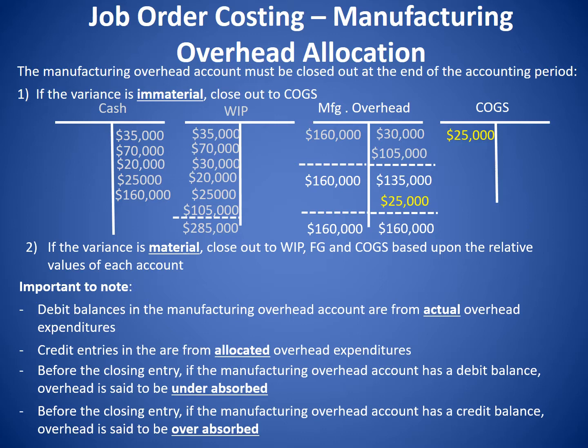In other words, we had more overhead than we actually absorbed into work in process. Before the closing entry, if the manufacturing overhead account has a credit balance, in other words, we applied too much overhead to work in process than we actually had, the overhead is said to be over-absorbed or over-applied. Again, you have to know both of those terms.